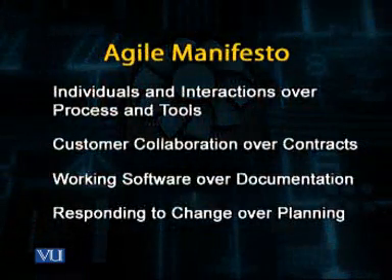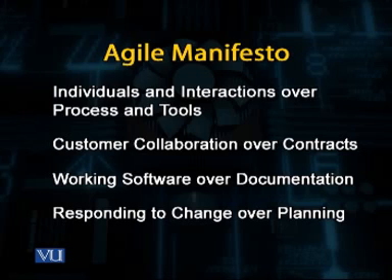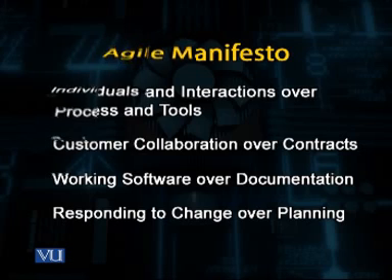Whenever there is a change in the requirements, whenever there is a change of team, whenever there is a change, you need to respond to that change, as compared to spending a lot of time on planning activities. So these are the different things that distinguish it from the traditional ways of software development.